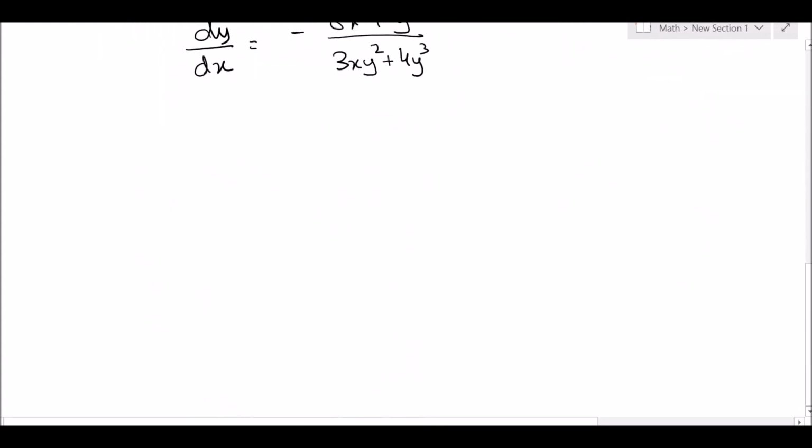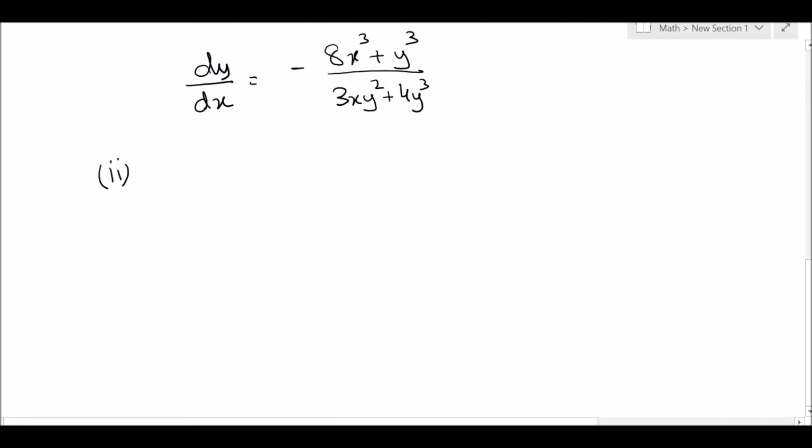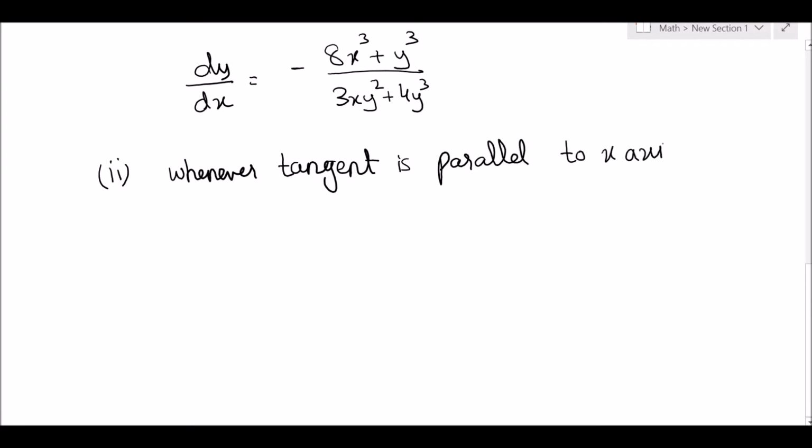So whenever they talk about the tangent being parallel to the x-axis, we need to equate the numerator of the dy over dx, or the derivative, to 0. So whenever the tangent is parallel to the x-axis, equate the numerator of dy over dx to 0.